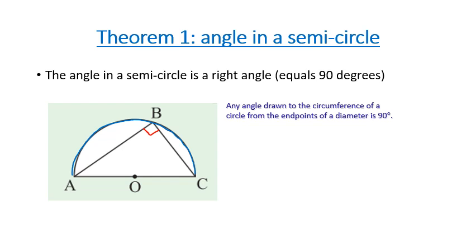So if we're looking at the diameter being this orange line, when we make that into a triangle, the point that's made on the circumference is always going to be 90 degrees, or a right angle.